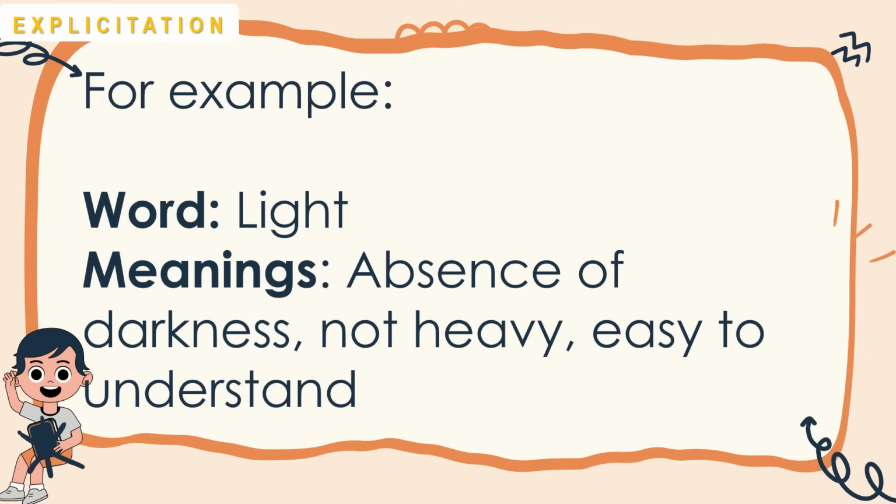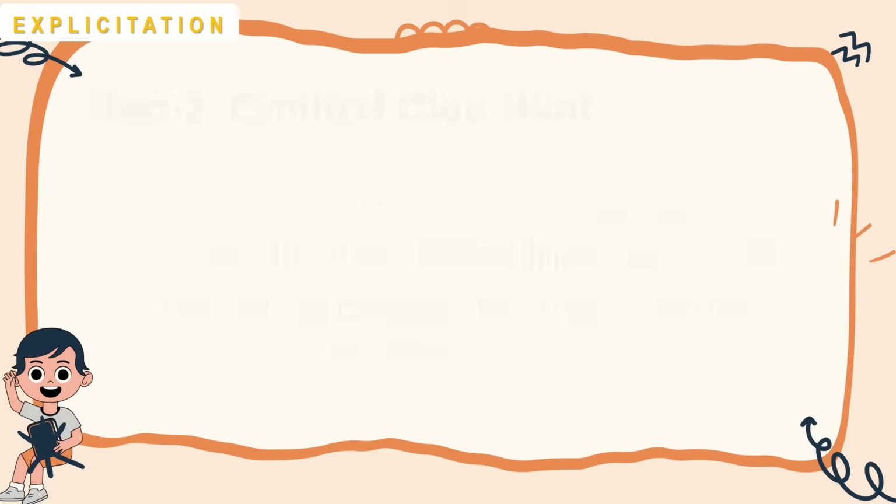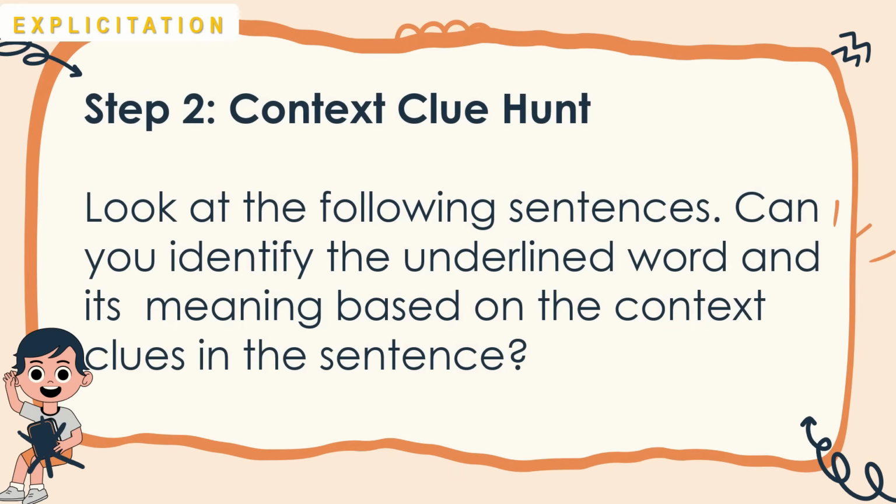For example, the word is light. Its meanings: absence of darkness, not heavy, or easy to understand. Step 2, Context Clue Hunt. Look at the following sentences.